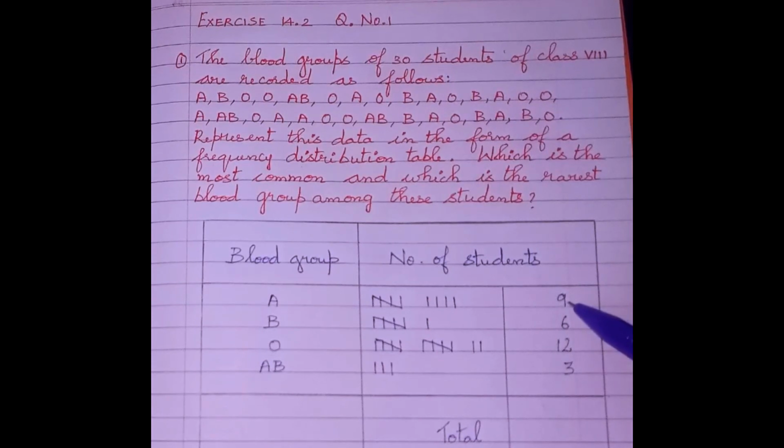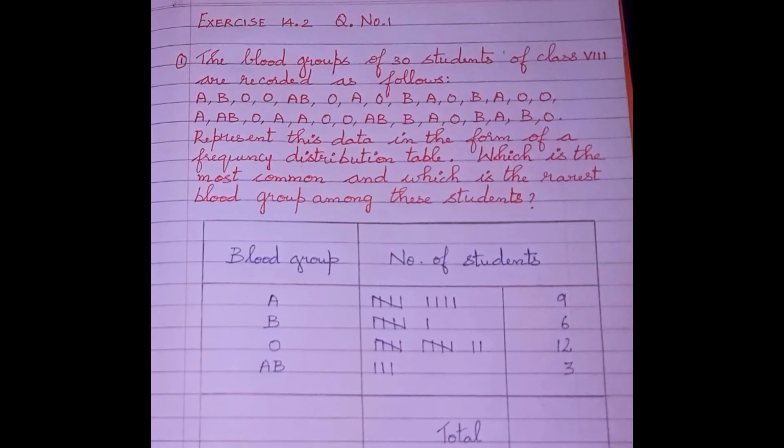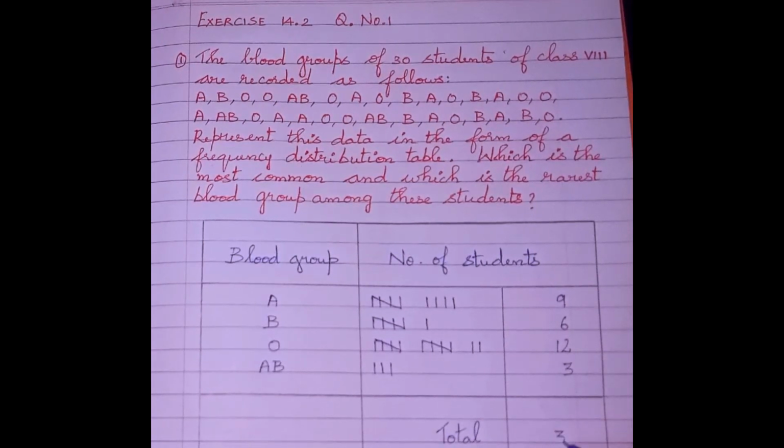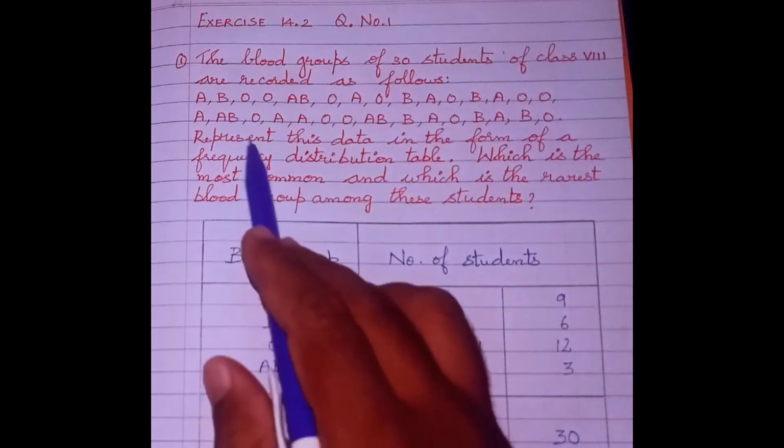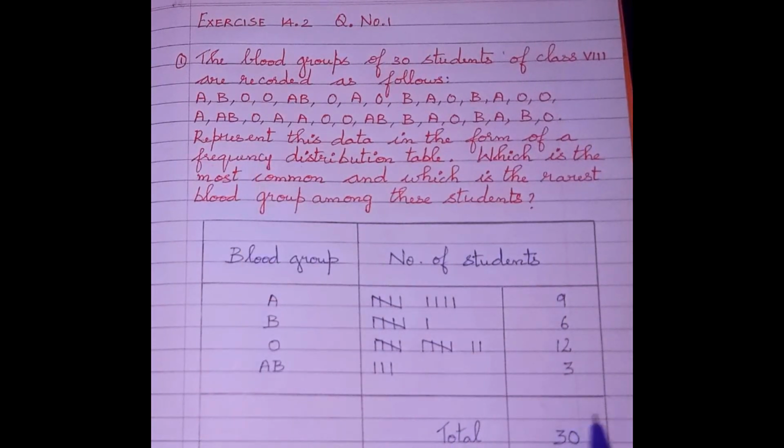Now you add 9 plus 6, 15. 15 plus 12 is 27. 27 plus 3 is 30. Now you have represented the given data in the form of a frequency distribution table. This is how you do the frequency distribution table.